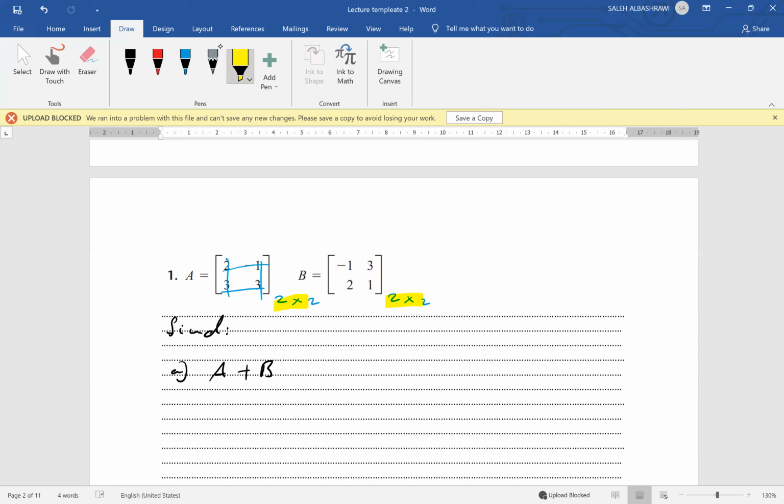So A plus B is equal to the first element with the first element. So it is 2 plus minus 1. Second with the second, which is minus 1 plus 3. Now the second row, 3 with 2, and 3 and 1.